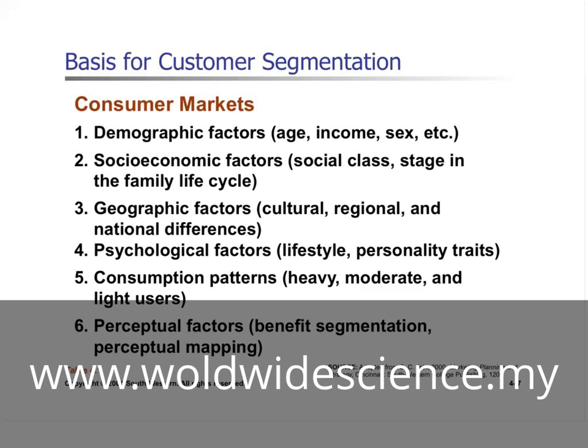A good example of perception factors is when you want to buy a car. Let's say you are the company Toyota, or let's say Volvo. What is the perception of that car by customers?